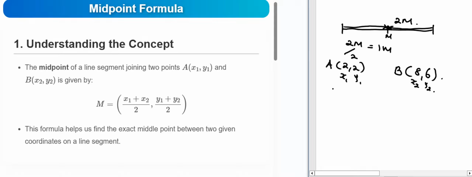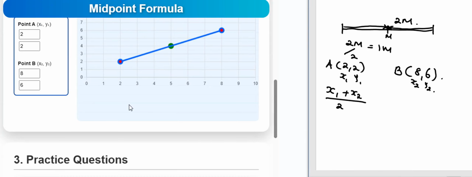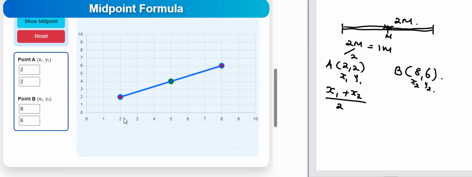So if I take x1 plus x2, then divided by 2, it means I took the values of x, the x coordinates, where x1 was 2, then went all the way to 8.